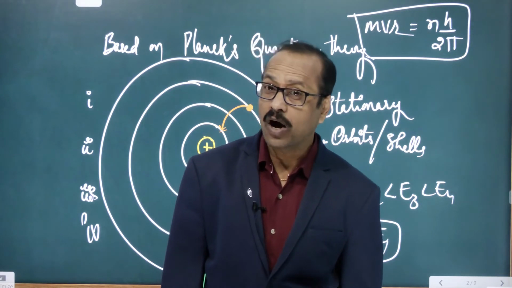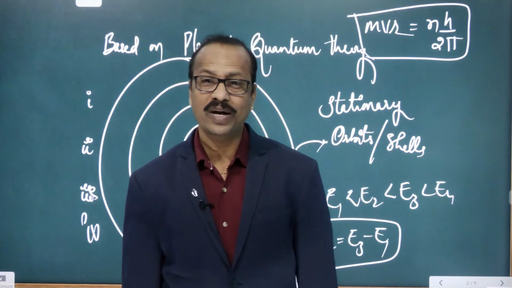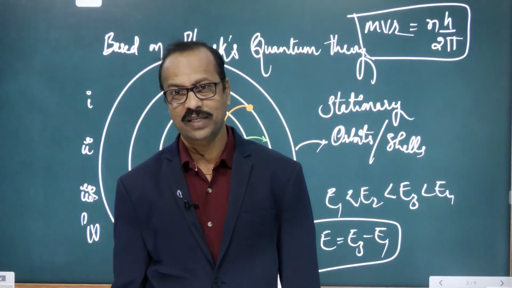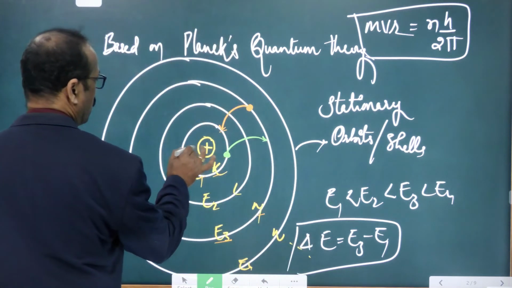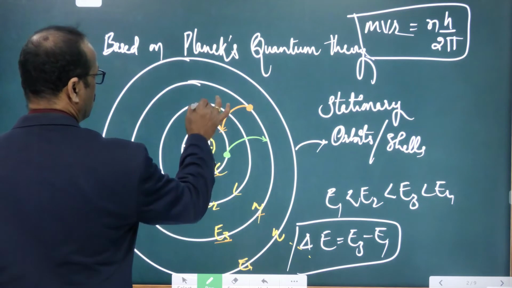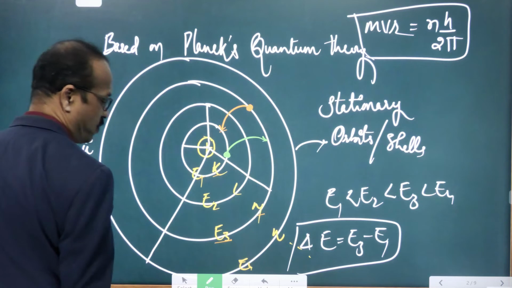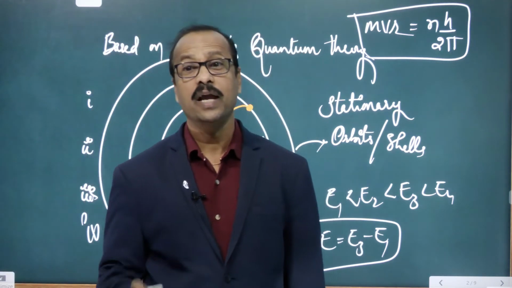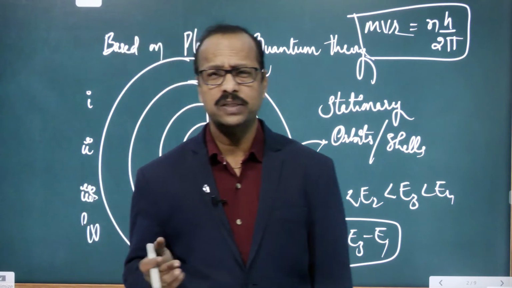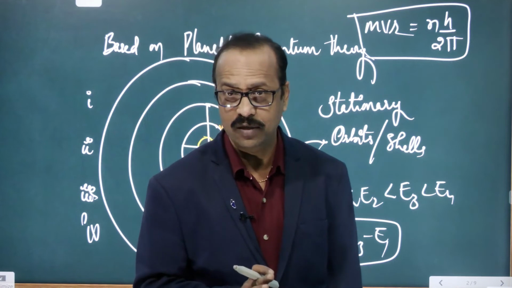Yes, he also gave a formula to find the radius of the orbit, and a formula to determine the energy of the electron. So many things he has done, and for that he received the Nobel Prize.